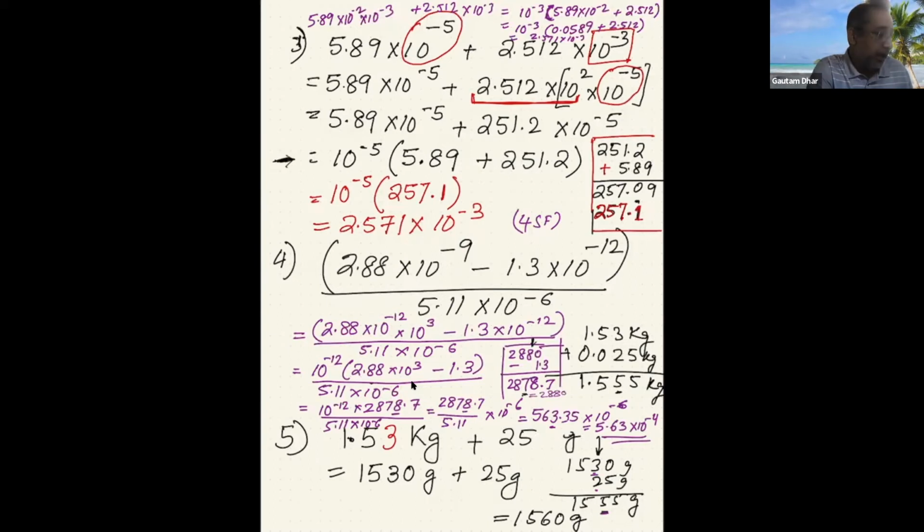I did not round at that stage. I added everything together and rounded at the end. So always do the rounding at the end. Even though this is the number, I'm not using that. I'm going ahead but keeping myself a reminder and putting underneath what is the size of the number.